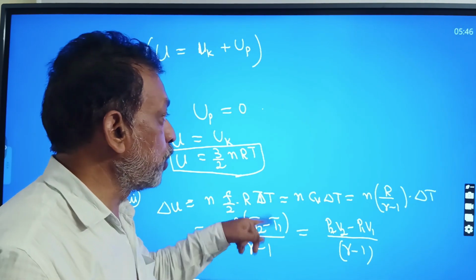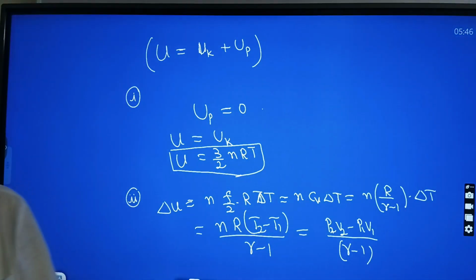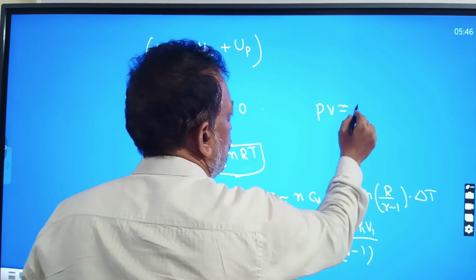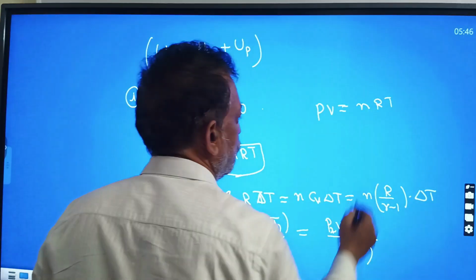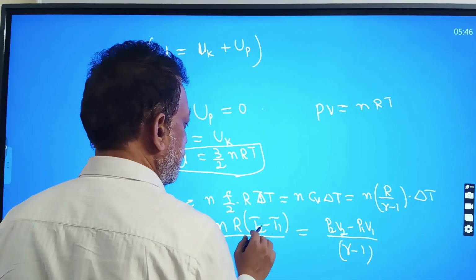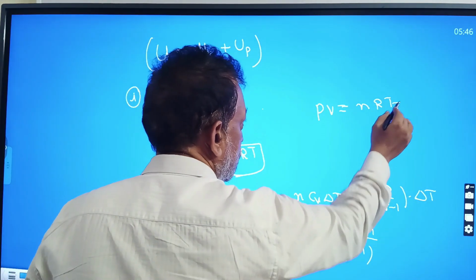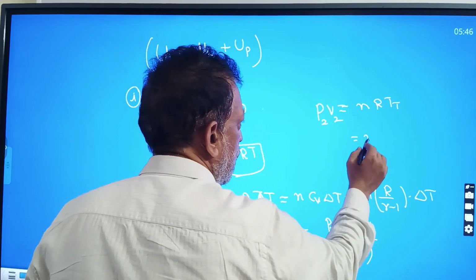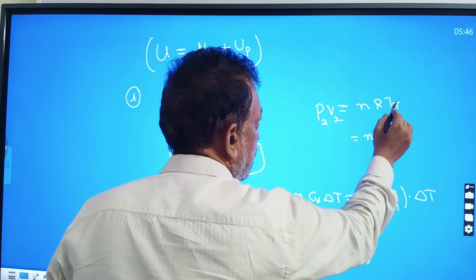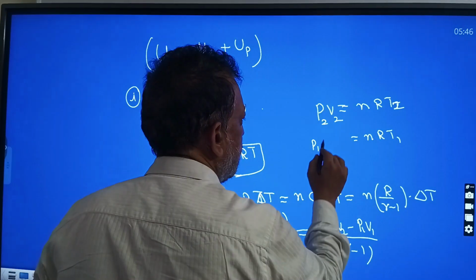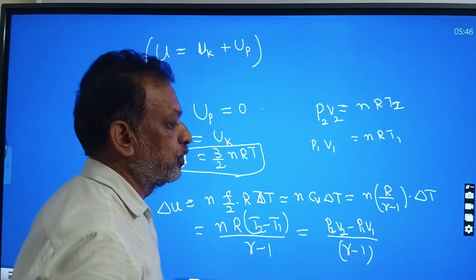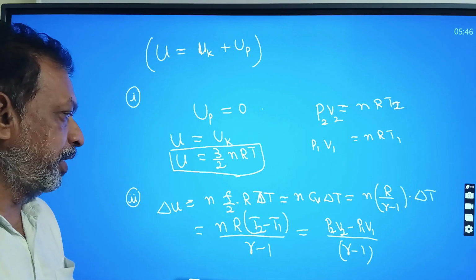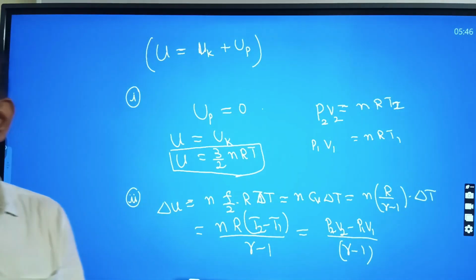Since PV is equal to nRT, R T2 means P2 V2 and R T1 means P1 V1. Here F is the degree of freedom.